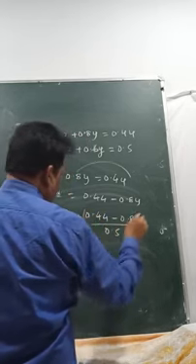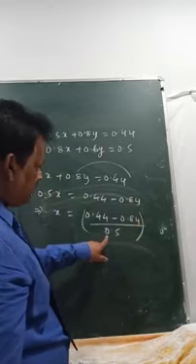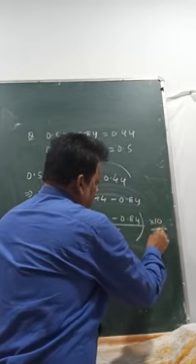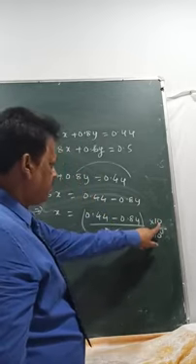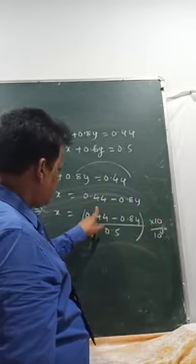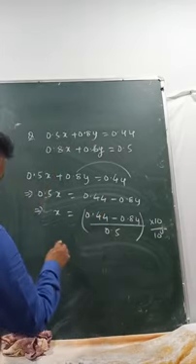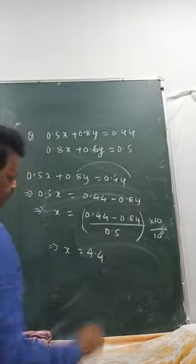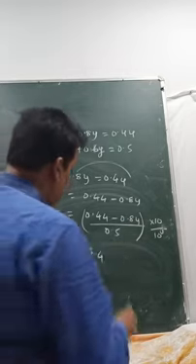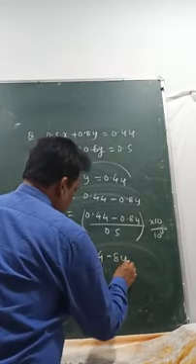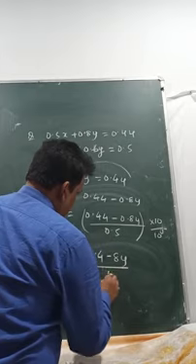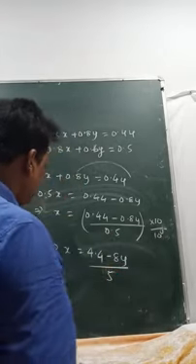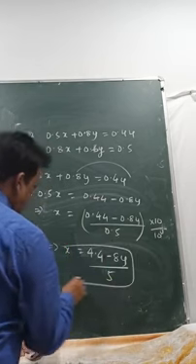I'll tell you a technique. Try to remove this decimal. How to remove? You have to multiply 10. If you multiply 10, decimal will come up to right place, one place. So x equals to (4.4 minus 8y) divided by 5. So this is the value of x.